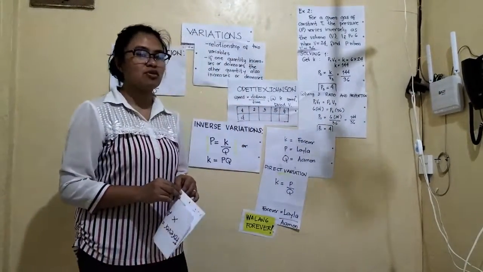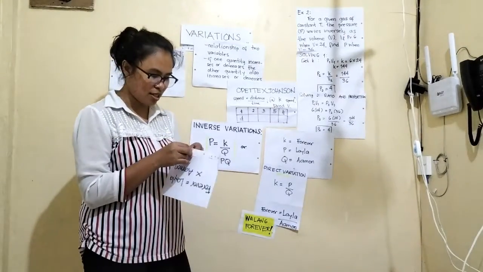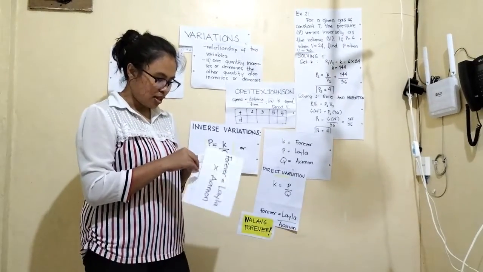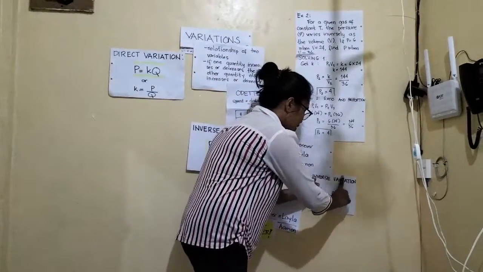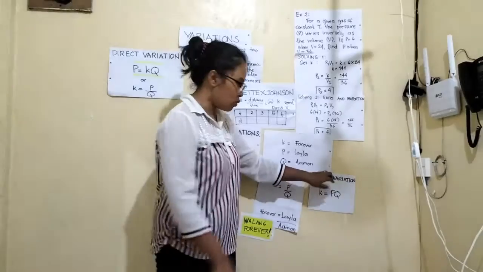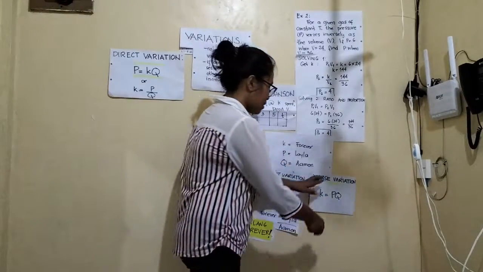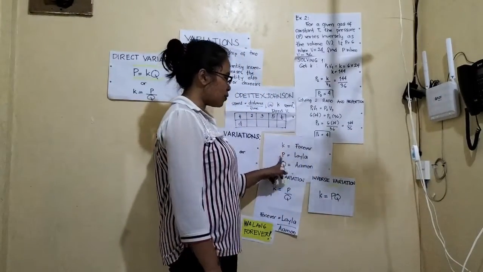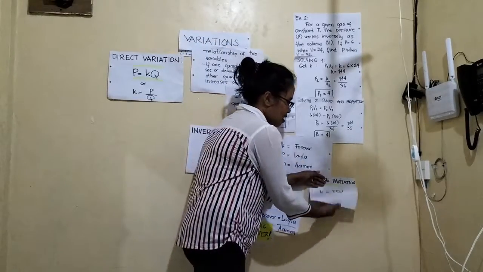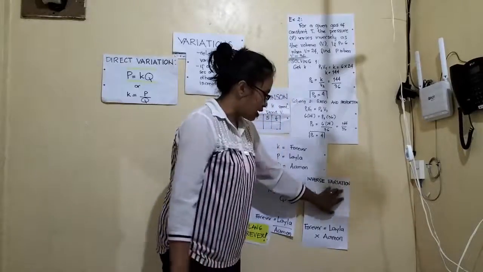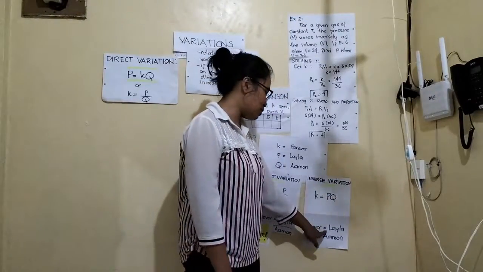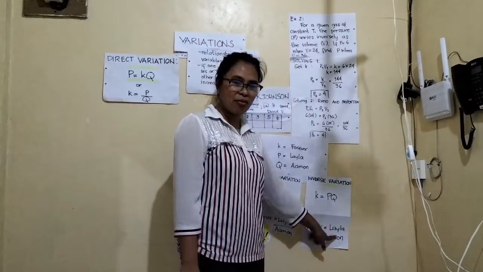However, when we talk about inverse variation, this is what happens. In inverse variation, the formula is K is equal to P times Q, which when we transfer it to these variables, we have K, which is forever, is equal to Layla multiplied by Amon.